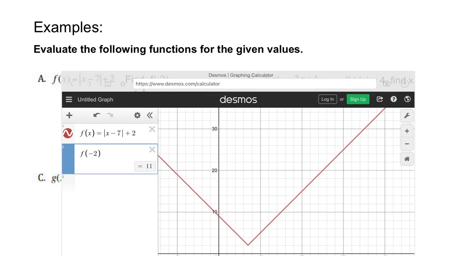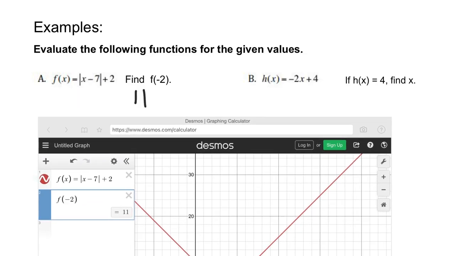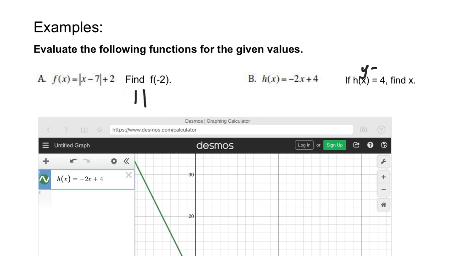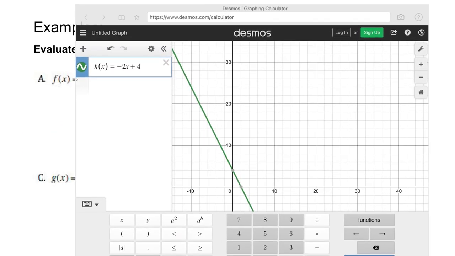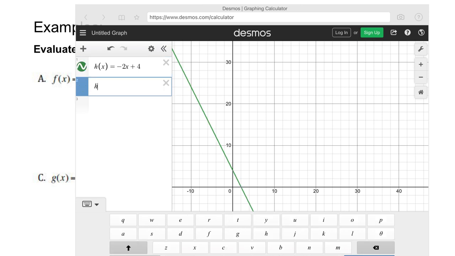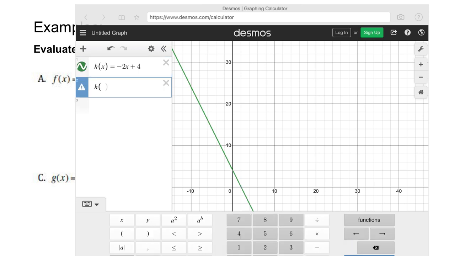So there's my graph. Again, I could go and find where the y is 4 because I know h of x equals means the same thing as y equals 4. And I could go find that point and find the x value from it, kind of like what we did on the ones that gave us a graph. But you also can type in down here h of x equals 4.